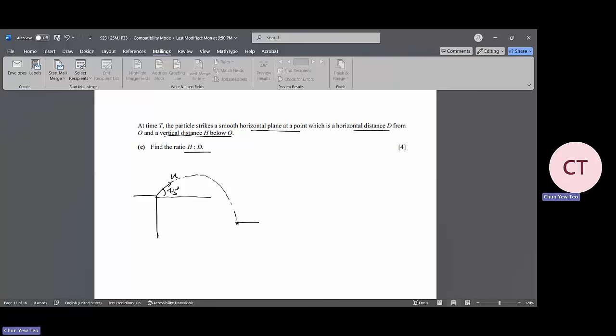When you reach over here, this angle is 60 degrees, and the distance over here is d, and the height over here is h. Okay, this is what we have. Then we need to use the horizontal displacement formula. x is equal to u cos 45 degrees t.